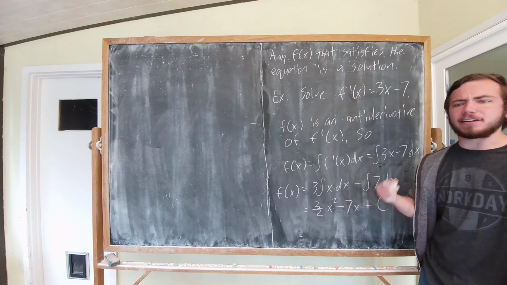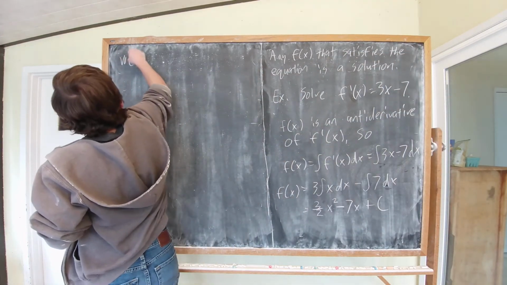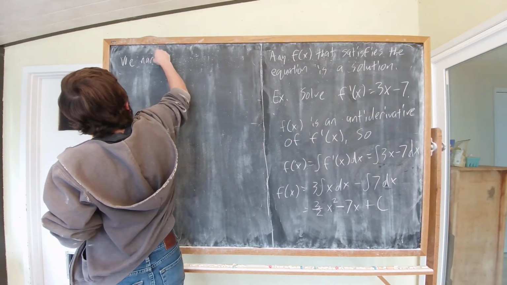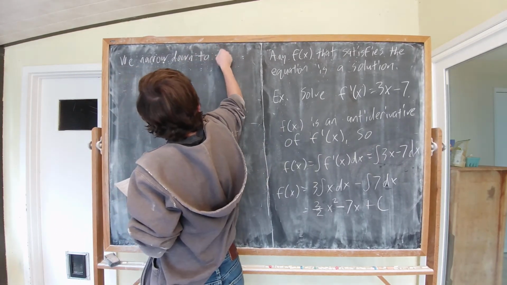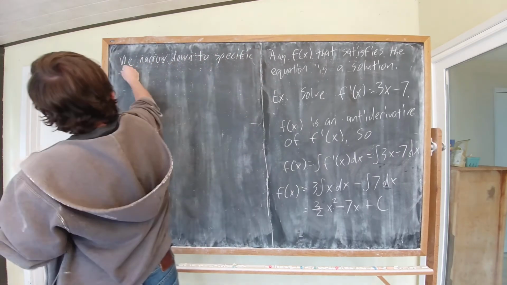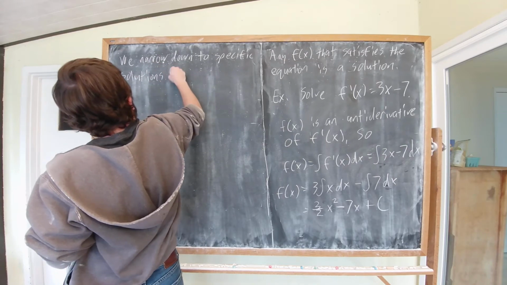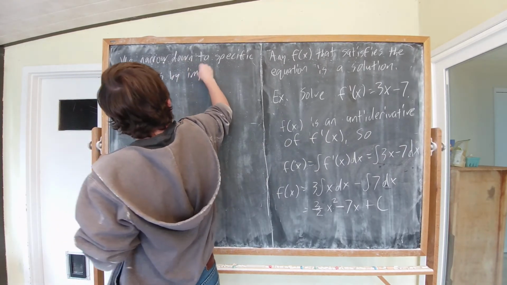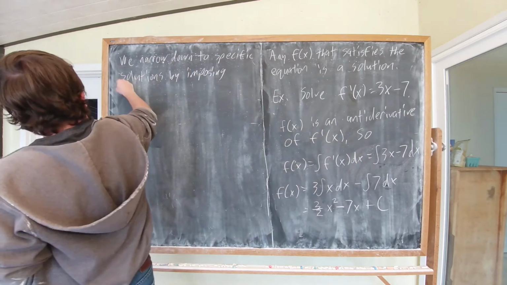How do we find the specific one? We narrow down to specific solutions by imposing what are known as initial conditions.